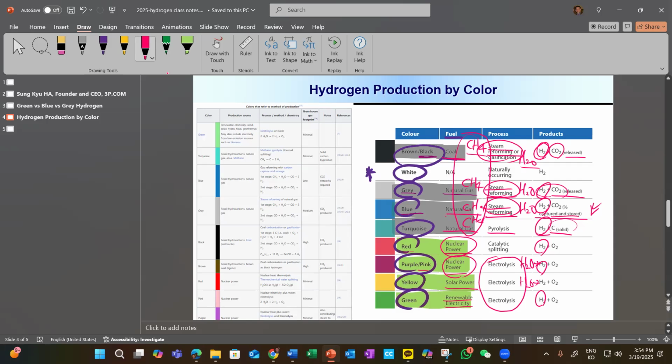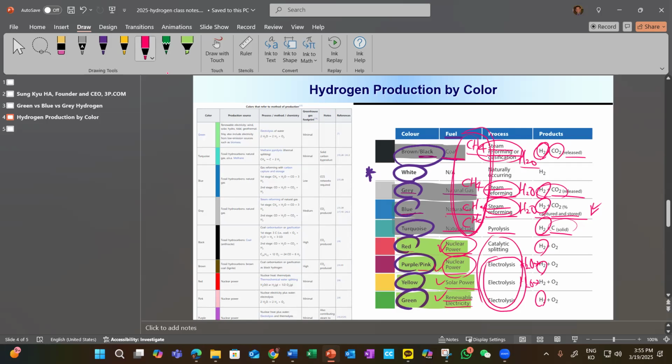So this is the very common coloring system for hydrogen energy sources. As you can see, there are two big groups. One is where the fuel source is usually natural gas CH4, and the other process is electrolysis-like, with different energy sources.